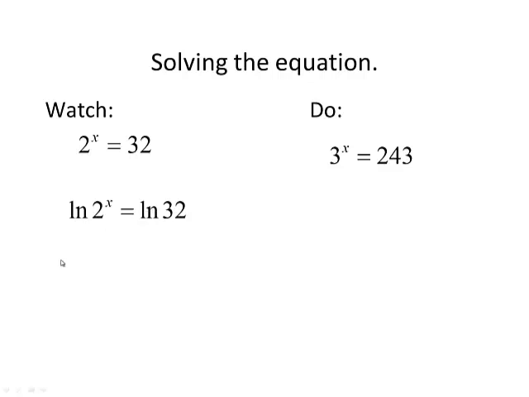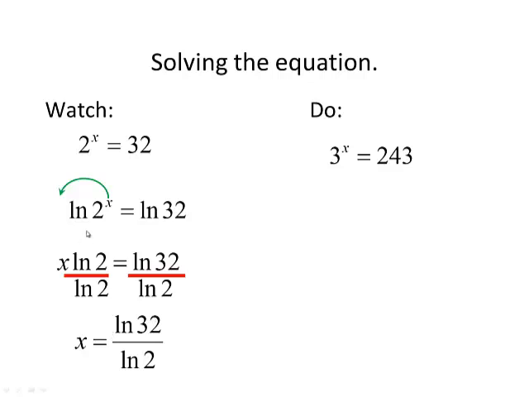So I'm going to take the natural log of both sides. That allows me to bring the x out of the exponent position. And then I'm going to divide both sides by natural log of 2 to get x by itself. Those cancel, and then I have this. You can finish this off with your calculator and you should get 5.